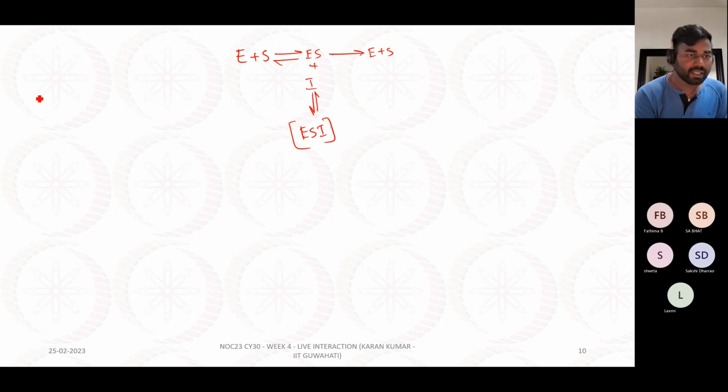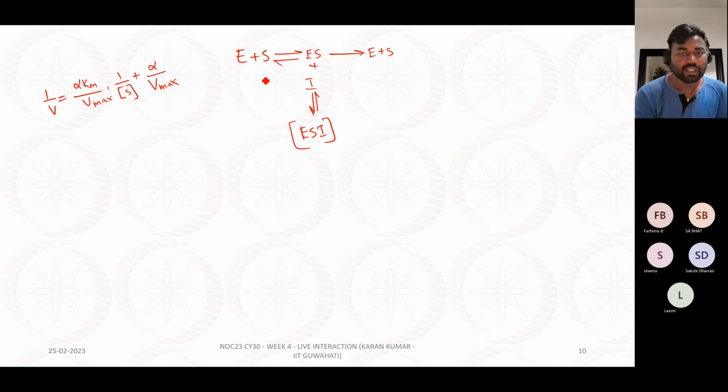So thereby your Lineweaver-Burk plot will become 1 by V is equal to alpha Km by Vmax into 1 by S plus alpha by Vmax. So what do you see here?